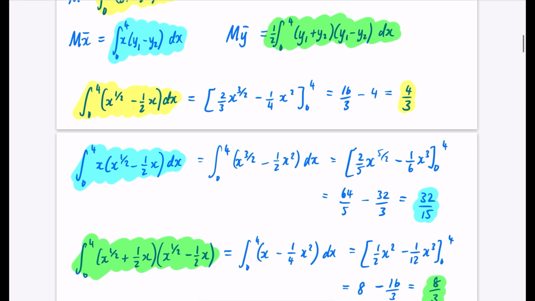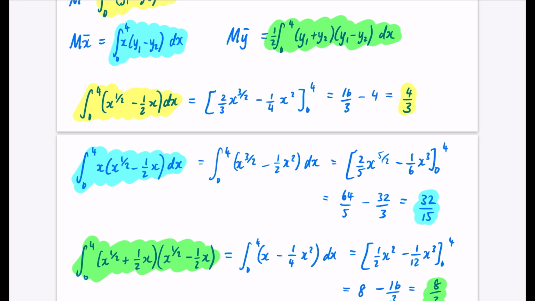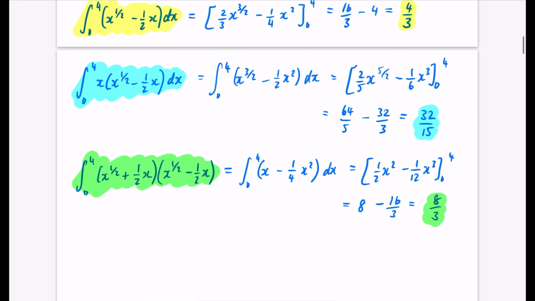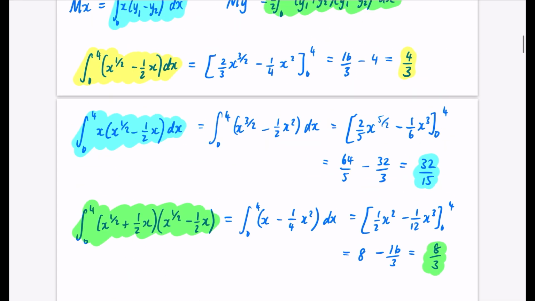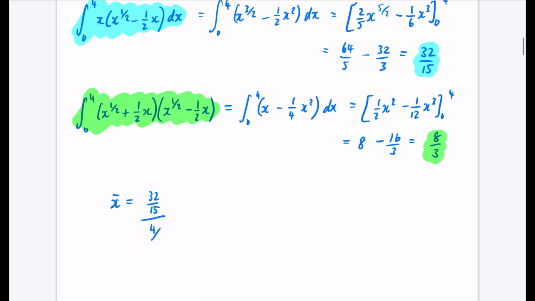So I can now go and actually say what my x bar is going to be equal to. The x bar is going to be the blue divided by the yellow. So x bar is the blue answer, 32 over 15, divided by the mass, which is 4 over 3. So 32 over 15 divided by that, and we get 8/5.